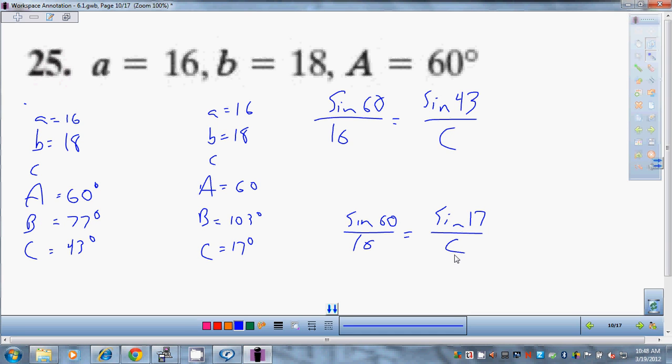You are rocking and a rolling. Well, the two solution problems are a little bit more work, yeah. No, that's correct. You only use inverse when you're looking for an angle.